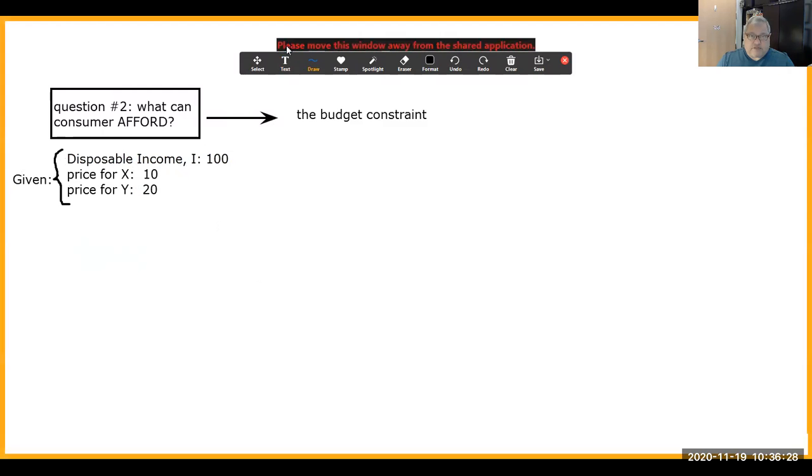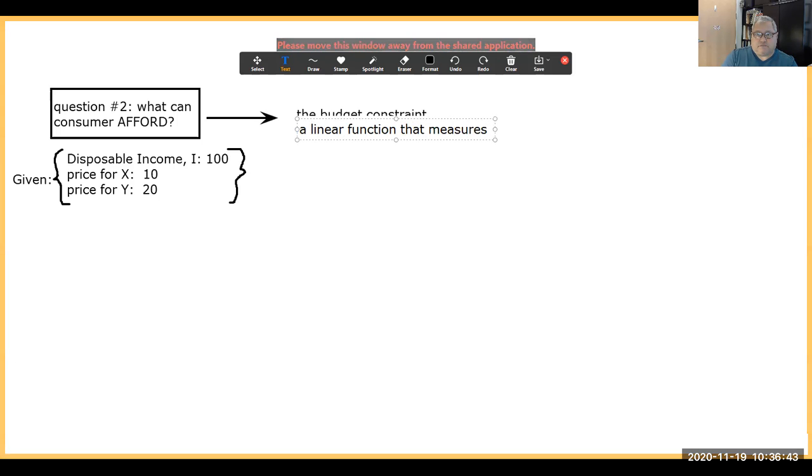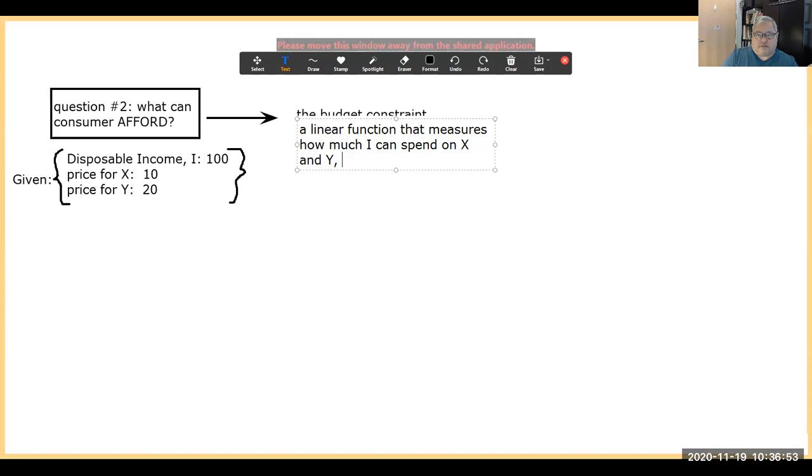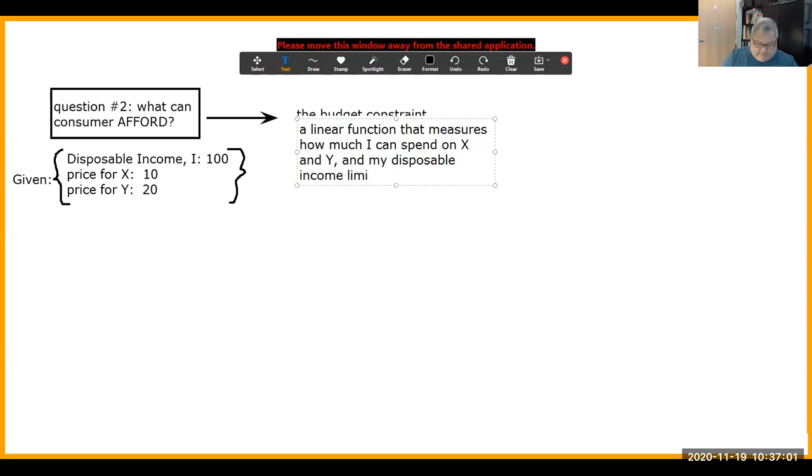And so how do I build a budget constraint? Essentially, a budget constraint is a linear function that measures how much I can spend on the X and Y, and my income limitation, my disposable income.